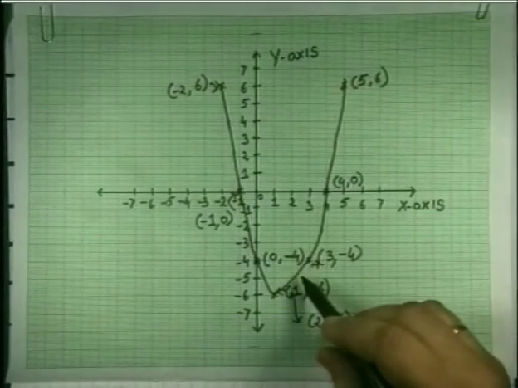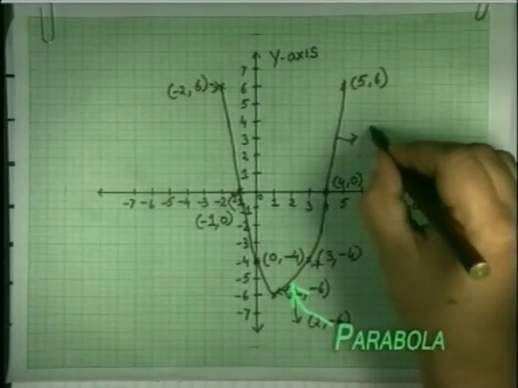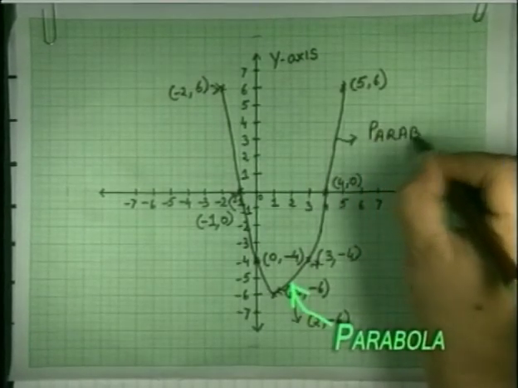What is the shape of the graph called? It is called a parabola.